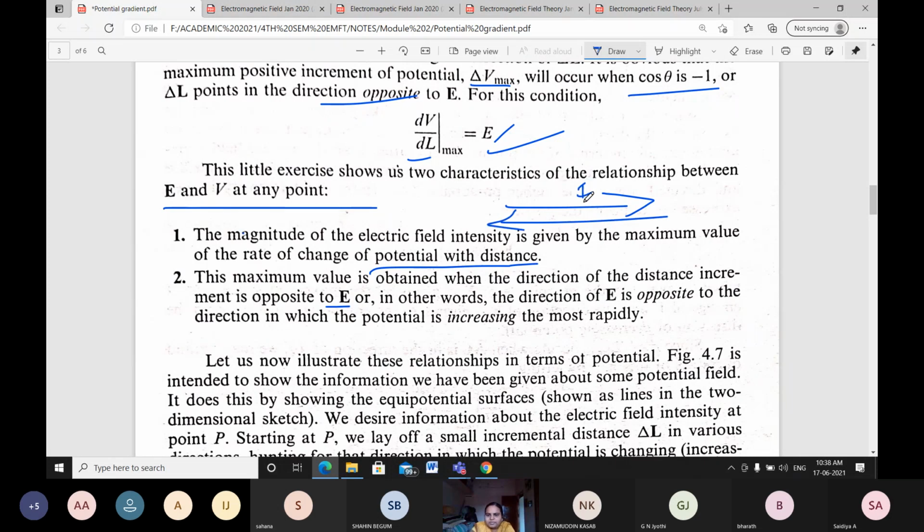In other words, the direction of E is opposite to the direction in which the potential is increasing most rapidly. If you remember this, it will be easy. Those are the 2 points we observed from the equation.